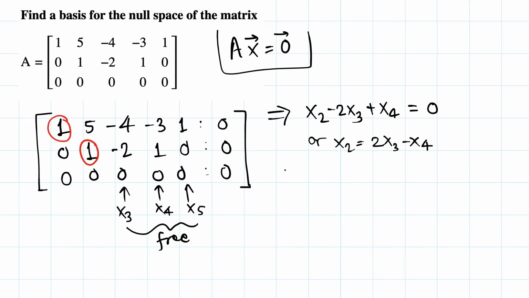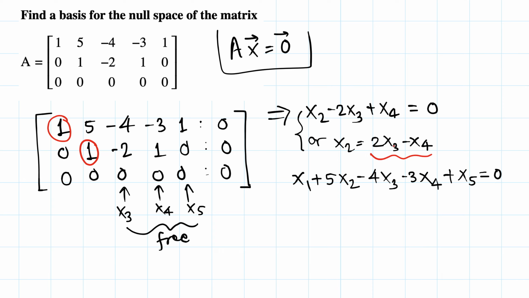From the first row, 1x1 plus 5x2 minus 4x3 minus 3x4 plus x5 equals 0. We got x3, x4, x5 free. For x2, we can plug in the value of x2 from the previous line.